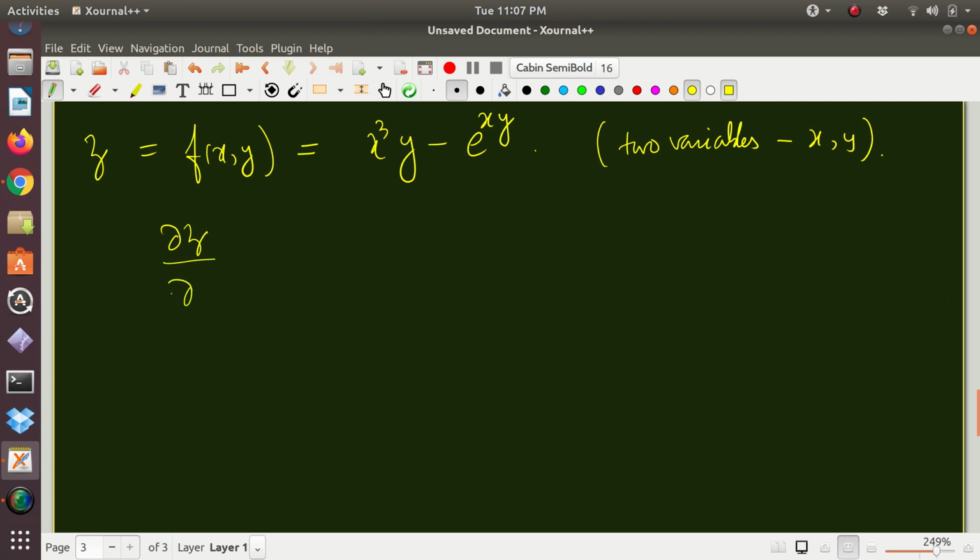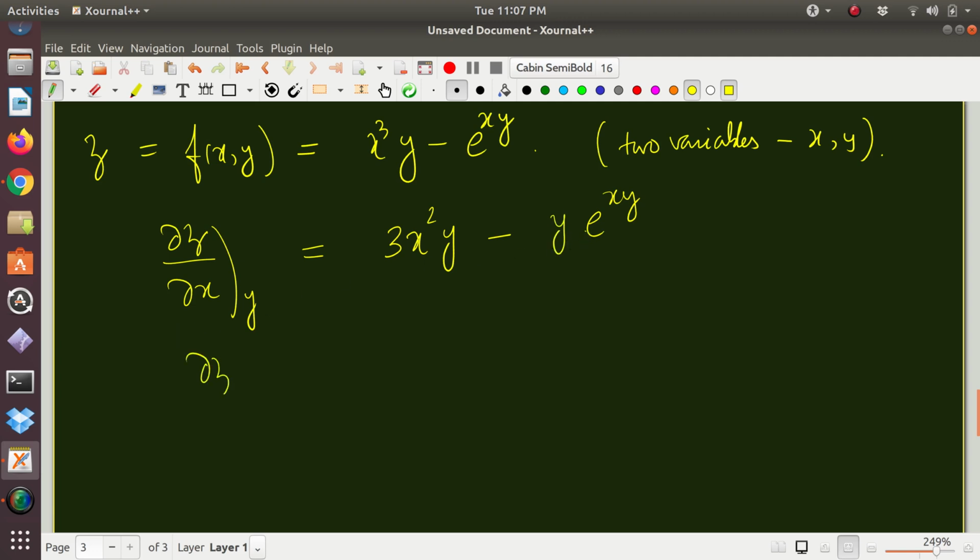Partial z by partial x at constant y: when you do this partial differentiation, you treat y as a constant. So you simply differentiate x and keep y as such. And if you differentiate e to the xy, you will get the same function e to the xy times the derivative of the argument. Here y is constant, and if you differentiate x, you will just get 1. So you will get y e to the xy.